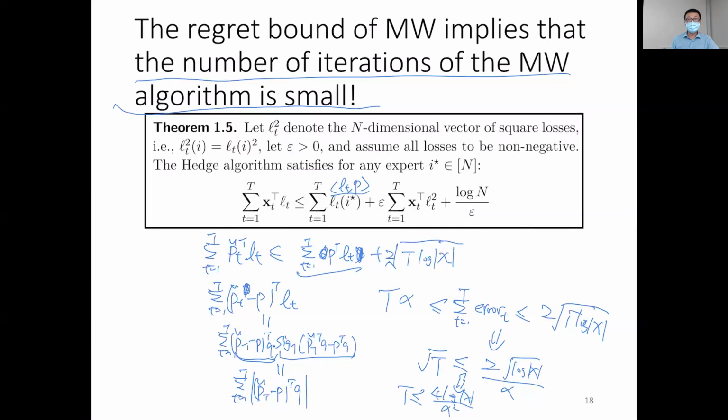One of the interesting things of this application is that we are choosing this loss vector as a function of the player's choice of XT, right? This is allowed in online learning because the adversary is fully adversarial, so it can depend on the player's actions.